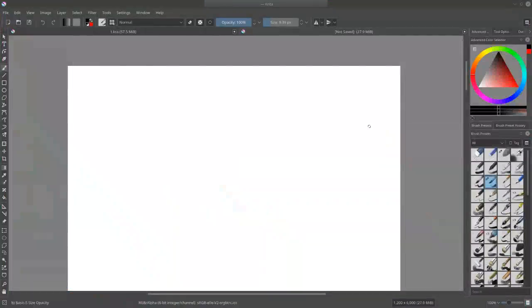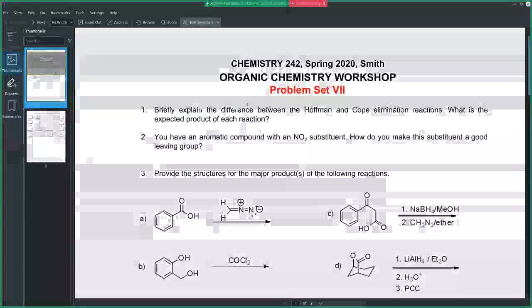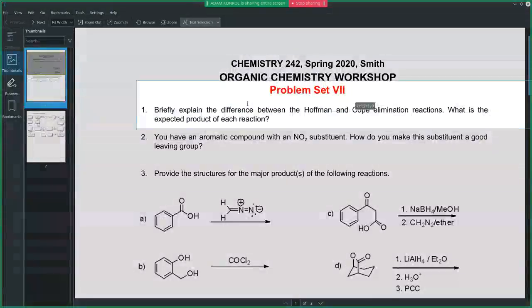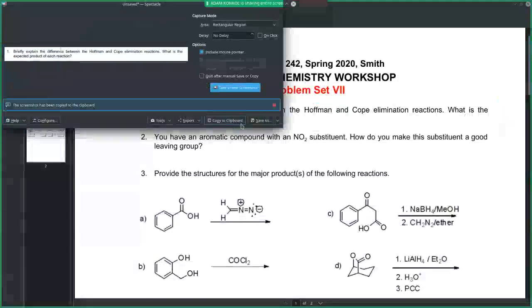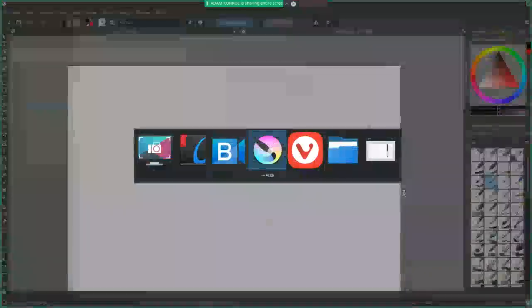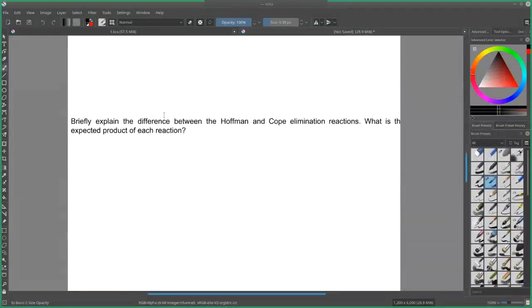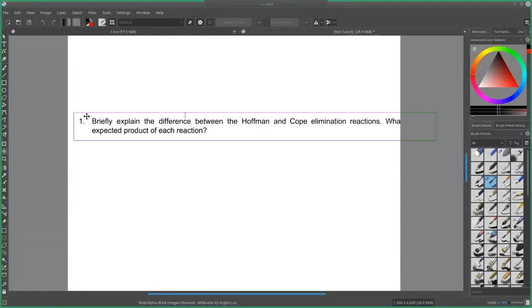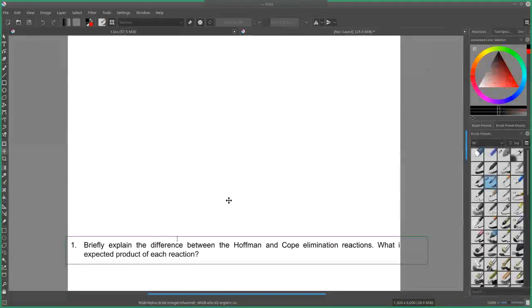Let me open this thing and copy and paste this in. Oh yeah, there we go. I can even move it, except it's a bit too big.